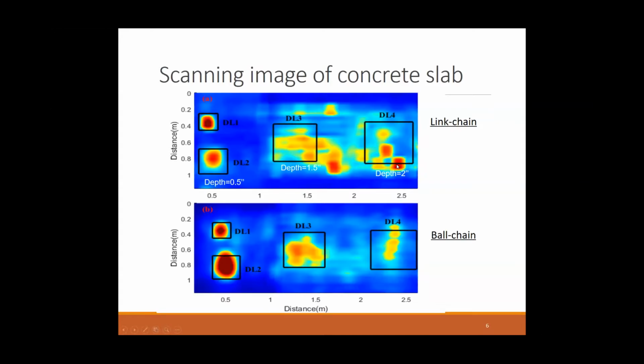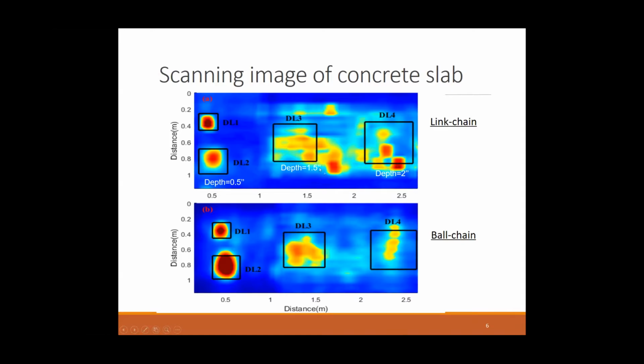But in this laboratory specimen, because it's artificial delamination, the boundaries are really rigid. When we just use the conventional link chain, we can easily find those 2 shallow delaminations. But for the 1.5 inch deep one, there's some challenge.